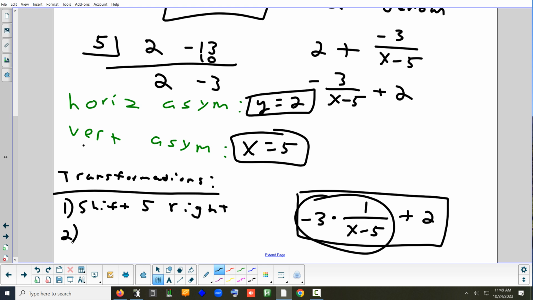Shrinks by 3. So this is a vertical. Remember, vertical, what you see is what you get, so it doesn't do the opposite. B would be in front of x, but there is no B. So there is no horizontal stretch or shrink in this case.